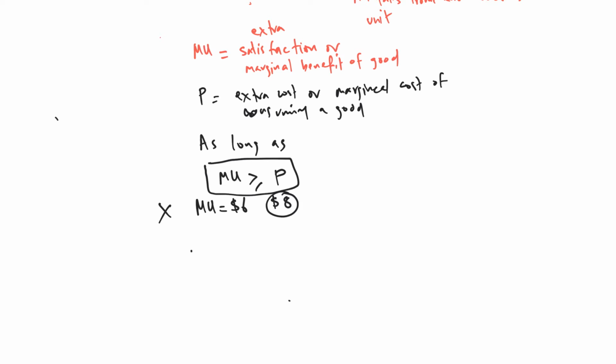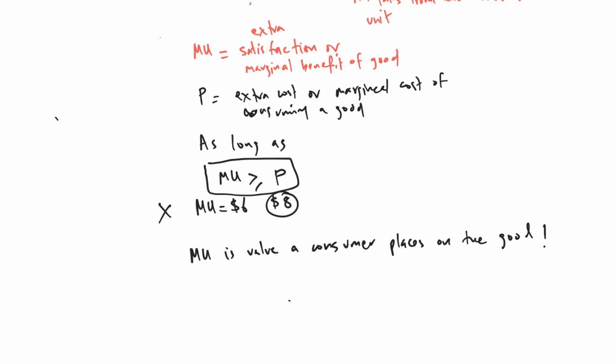Let me write this: MU is the value a consumer places on the good. It's the highest price that you will pay for the good. If your MU is greater than or equal to price, you will buy that good. Make sense? So that's your concept of marginal utility and price.